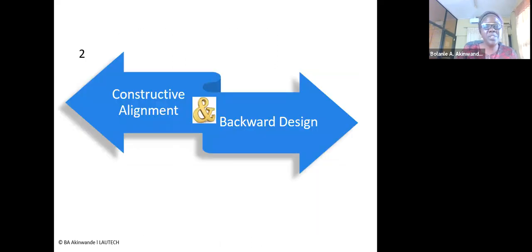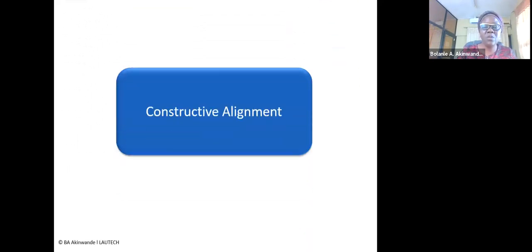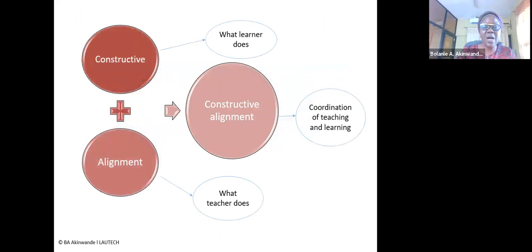My next presentation will be on constructive alignment and backward design. The first one is constructive alignment, which is simply a phrase of 2 words, constructive and alignment. The constructive is what the learner does, which is the understanding, the learning. The alignment is what the teacher does, which is teaching and assessment.